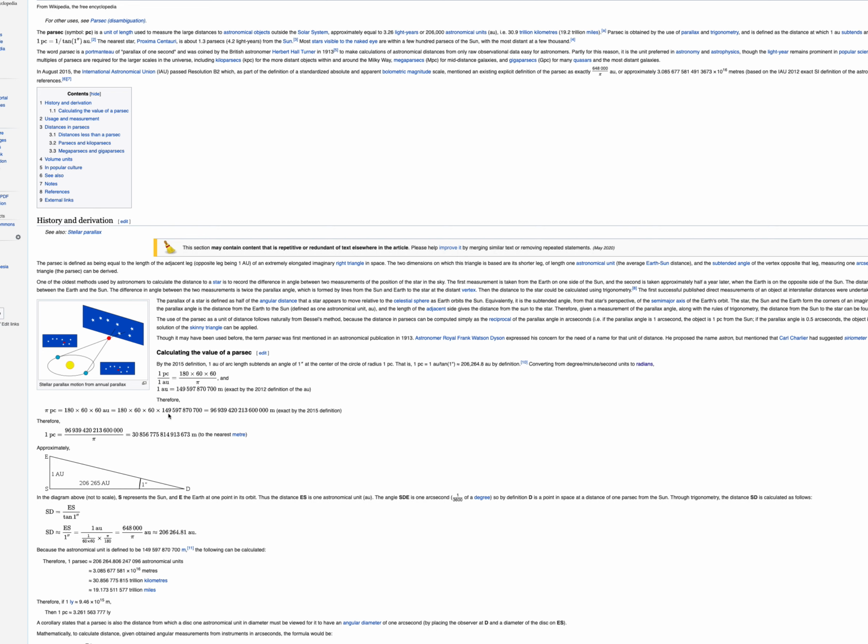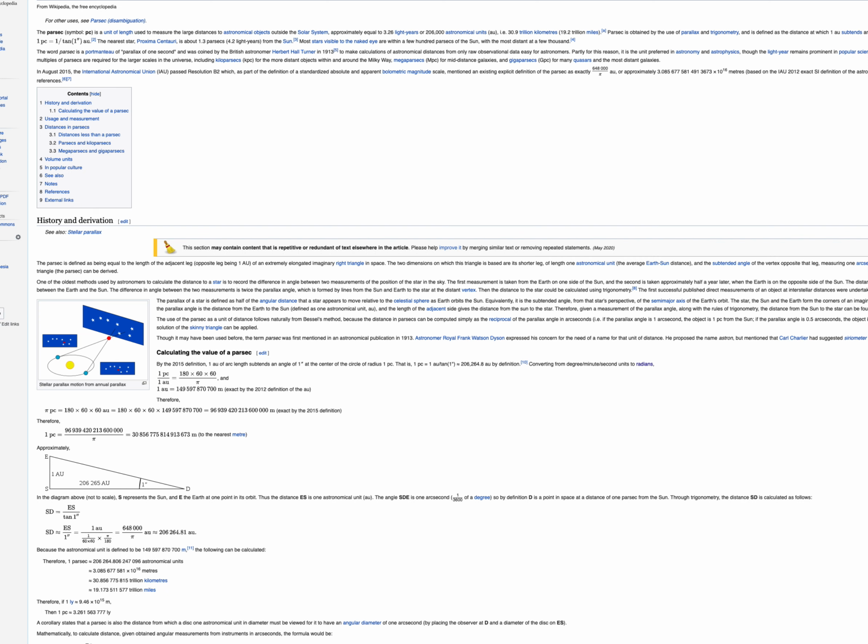So I'm putting astronomic unit here, so the whole thing comes around 96939, but pi it has kept it here. Okay, so here it finally gives you this, and so this whole thing becomes 30856.